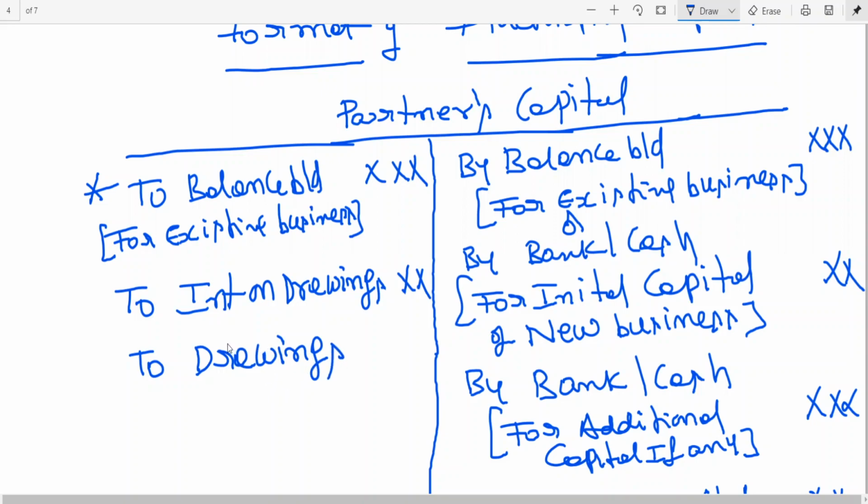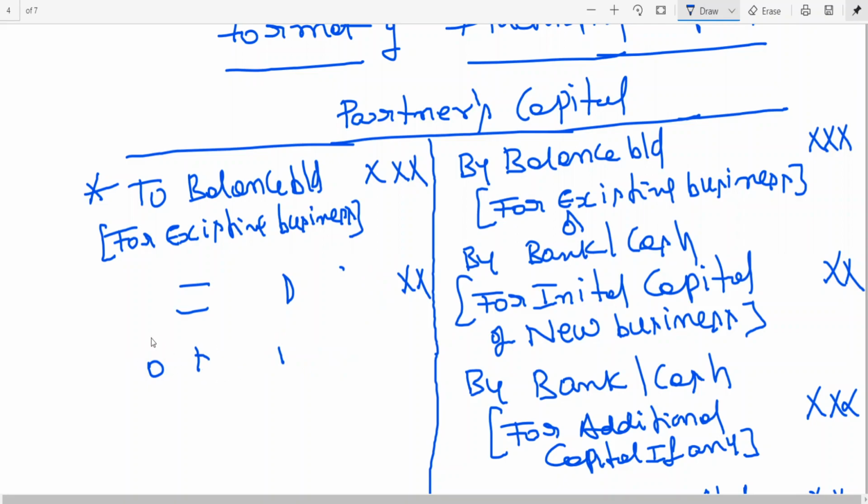And here, an important point, let me explain. Before I take you to drawings, this is under capital account. I told you, sometimes you may also have permanent drawings. Permanent drawings also will enter here.